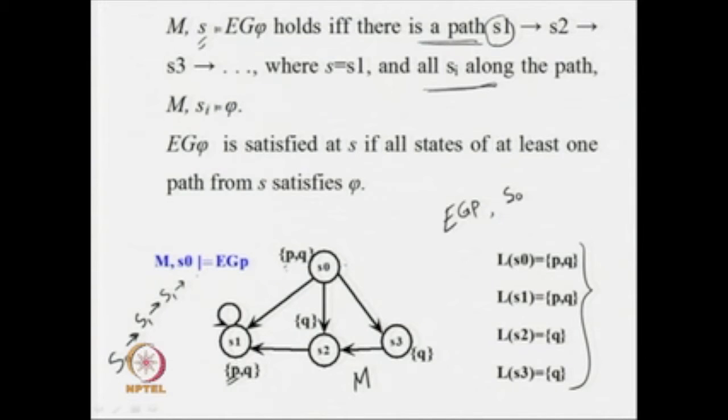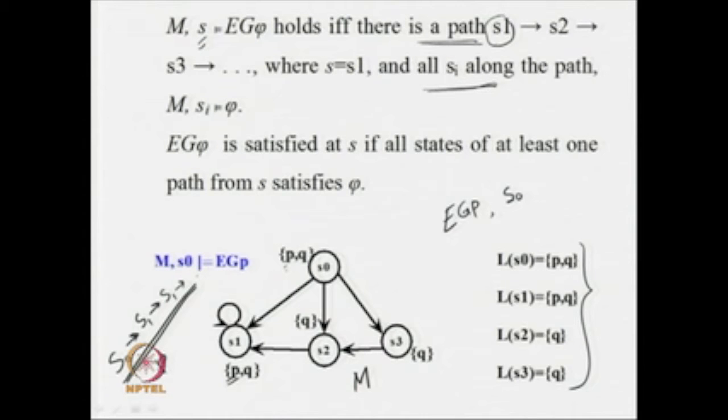Similarly, if we go for the path S0, S3, S2, S1, then in states S3 and S2 P is not true. That means, in these two paths P is not true globally, but at least we have got one path, S0 to S1 and S1 to S1, where in all the states P is true.